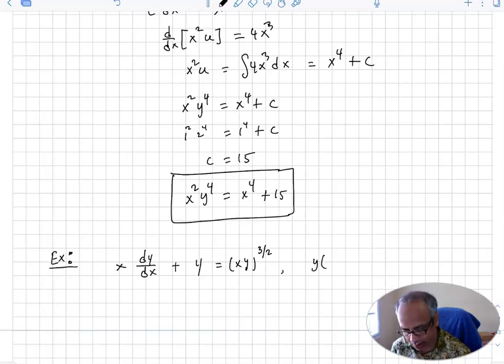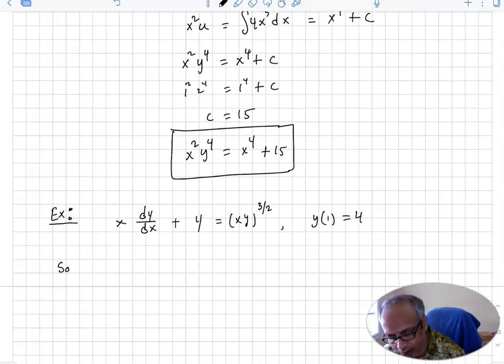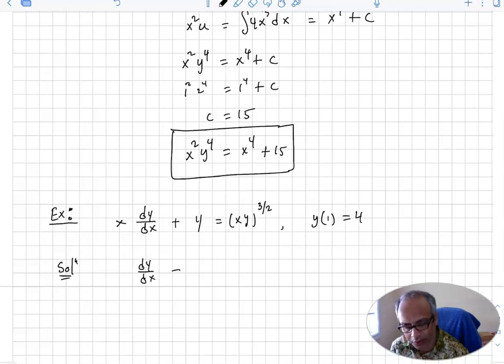So for this example, I have a condition y at 1 equals 4. So this equation is not in the standard form. So first I'm going to convert this equation into the standard form without looking at whether it is Bernoulli or linear. So in the standard form I am dividing by x.